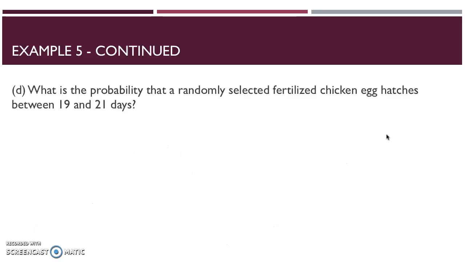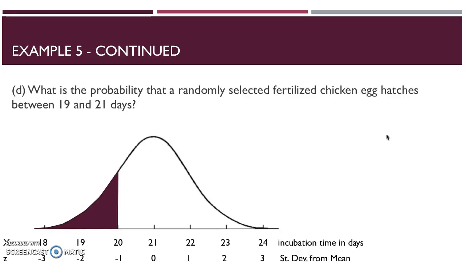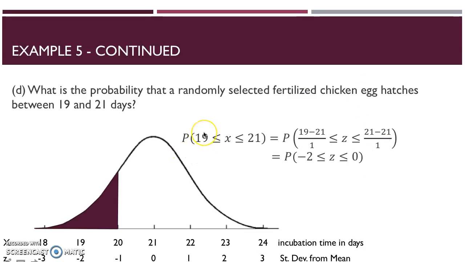If you want to find the probability that a randomly selected egg hatches between 19 and 21 days, sorry, my picture doesn't match here. The work is correct, but I have to go back and fix the picture. It'll be fixed when I post the notes online. But for each x value, I want to change each x to a z using the formula.